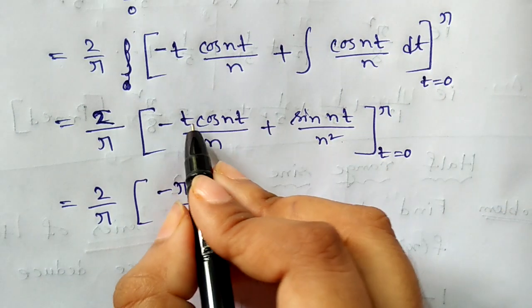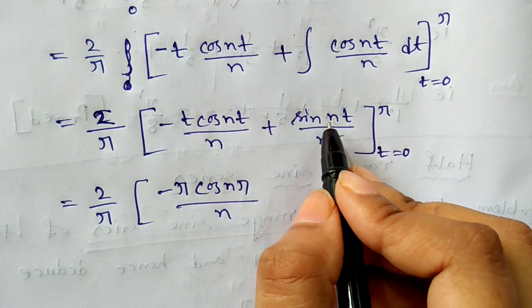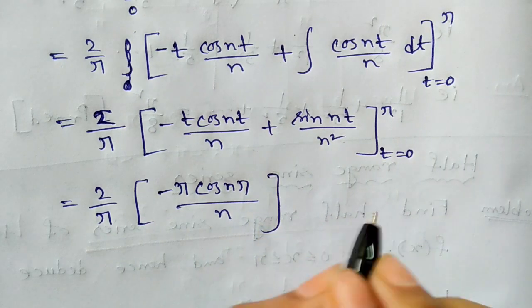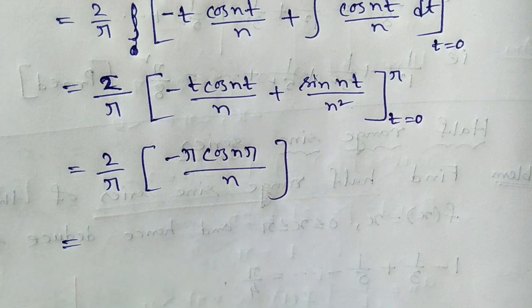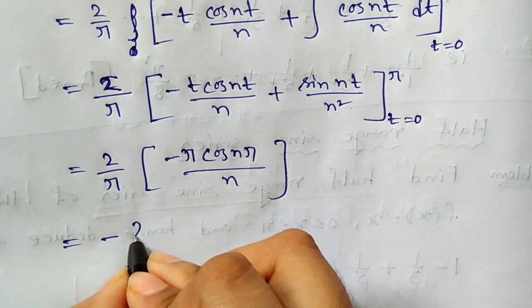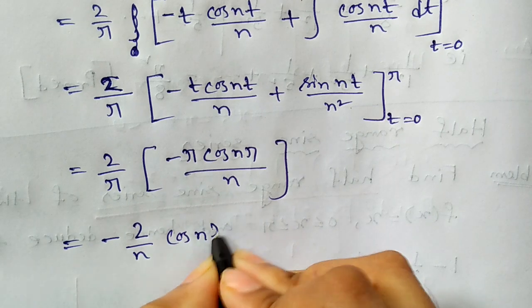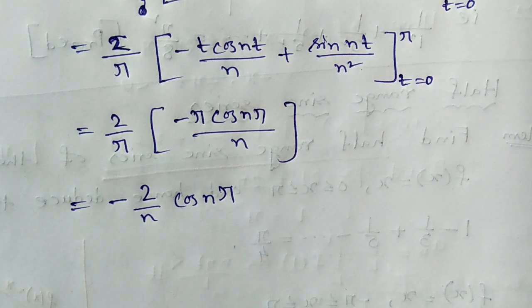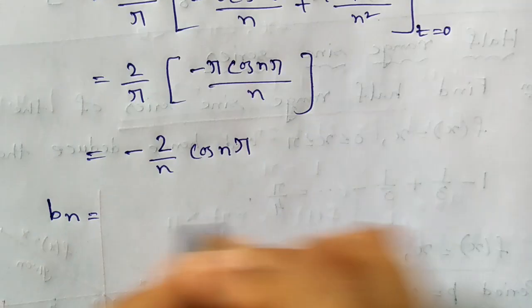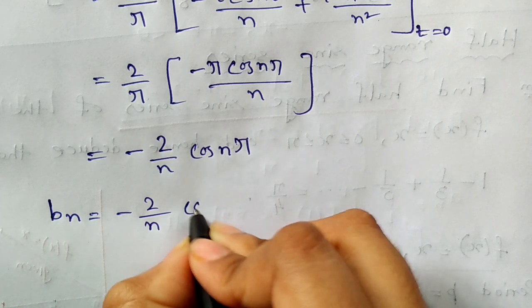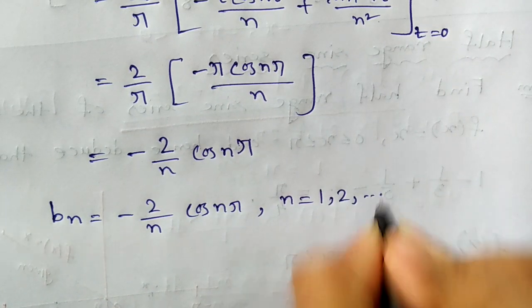Now if we put 0, this term will vanish, also sin 0 is 0, so those are vanishing parts. So we get minus 2, pi cancels out, so minus 2 by n cos n pi. This is our final answer. So bn equal to minus 2 by n cos n pi for n equal to 1, 2 and so on.